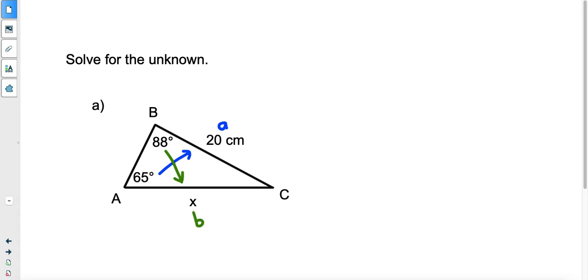So let's do that. Again, the formula tells us that a divided by sine A is equal to b divided by sine B. Now, all we have to do is plug in our values and then solve this equation for the missing side.